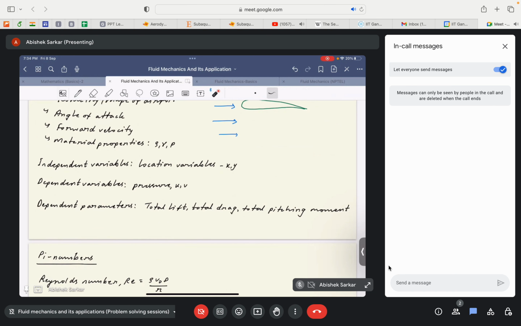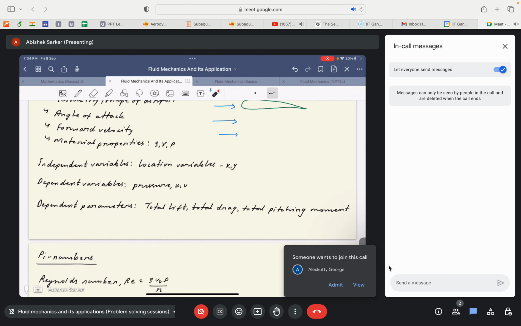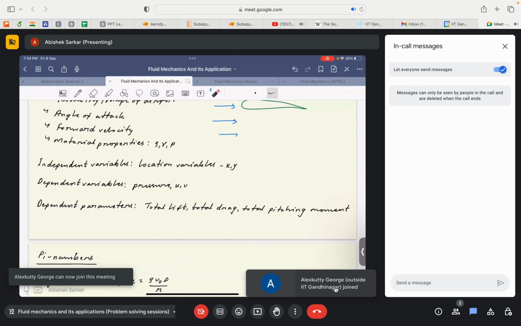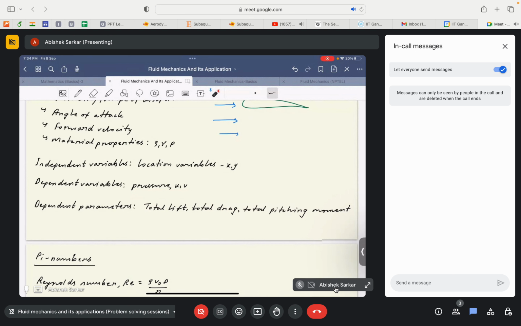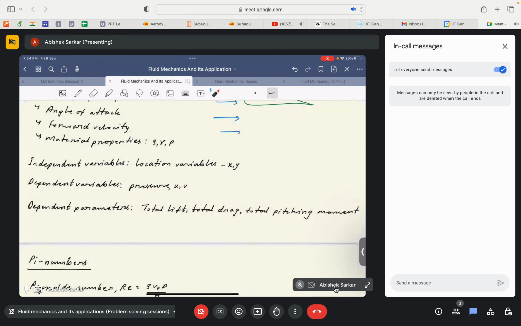Then we have independent variables I've discussed. It is usually the coordinate system that we choose. Then we have dependent variables. In the case of dependent variables, we have pressure, U and V. So it may seem like they must be independent, but the pressure, velocity and the velocity components are actually dependent on the type of coordinate system that we choose, right?